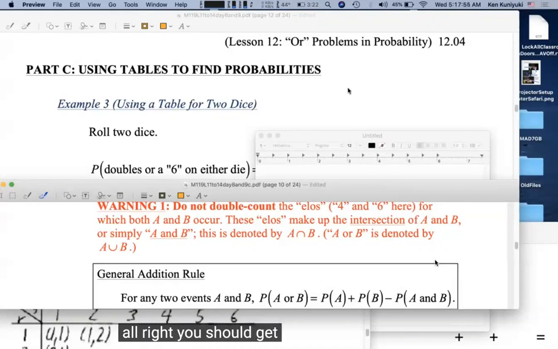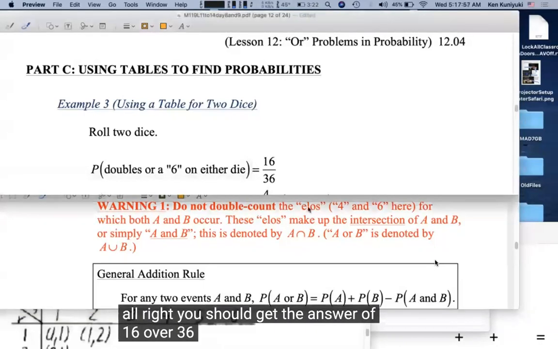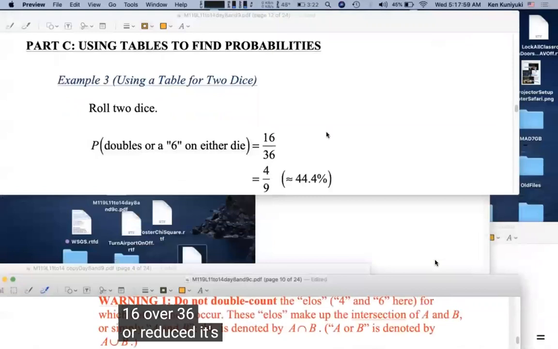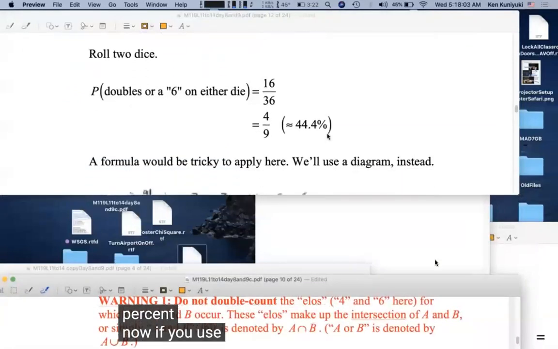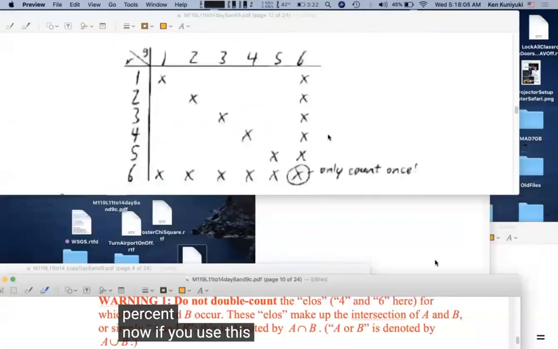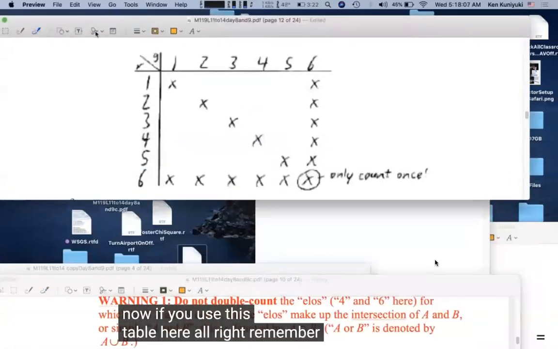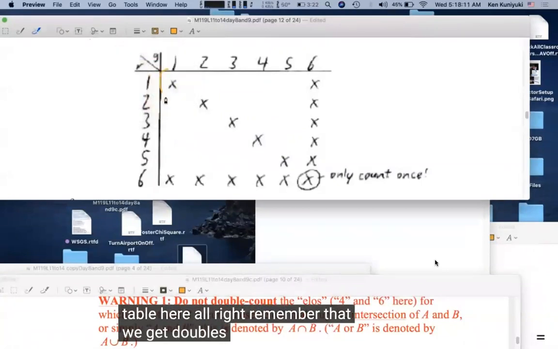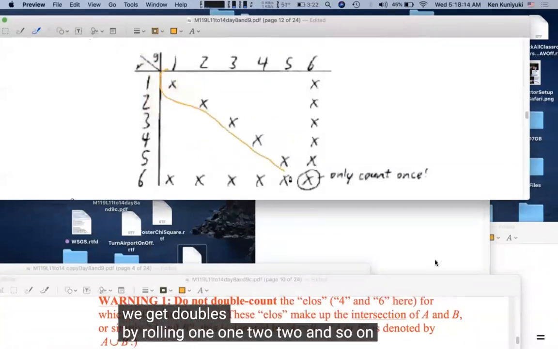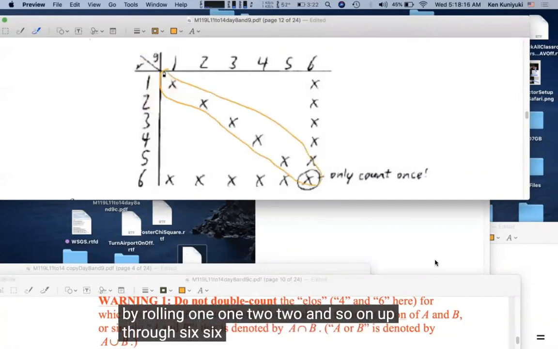All right, you should get the answer of 16 over 36, or reduced, it's 4/9, or about 44.4%. Now, if you use this table here, remember that we get doubles by rolling 1, 1, 2, 2, and so on up through 6, 6.